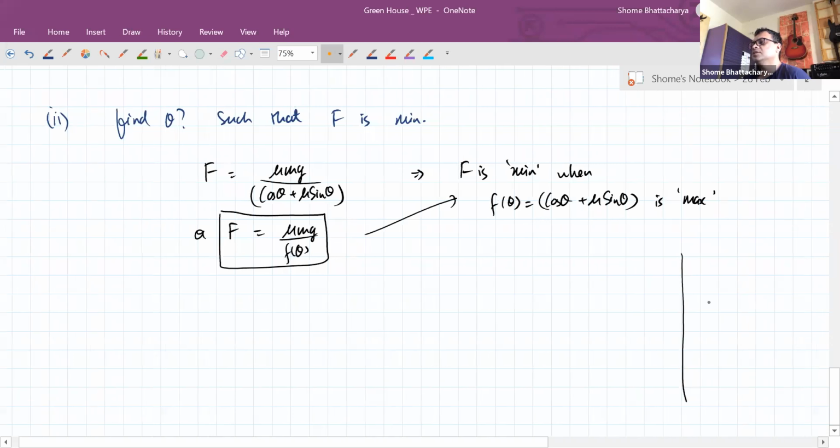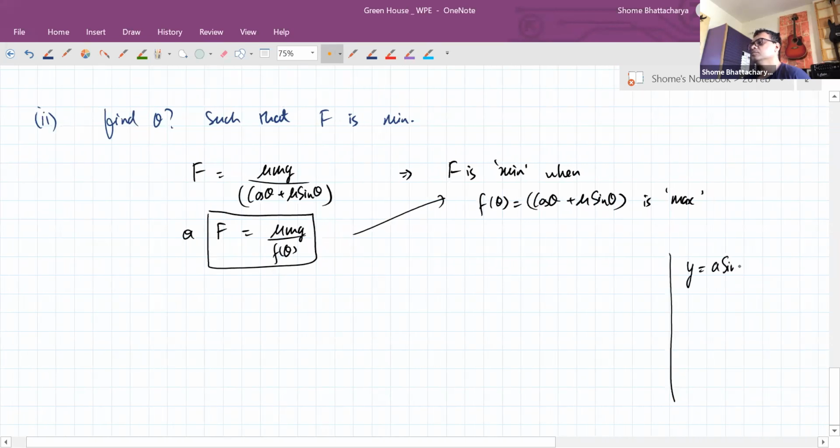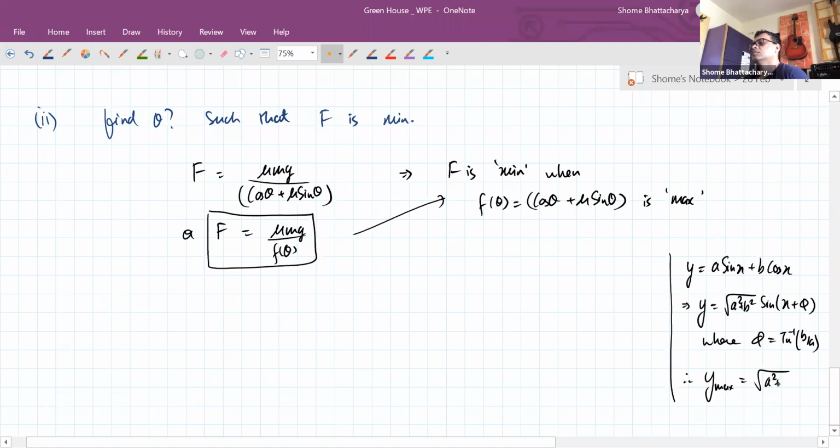If we have a function like this, the maxima of this function will be square root of 1 plus mu square.